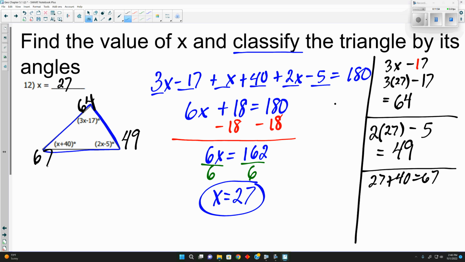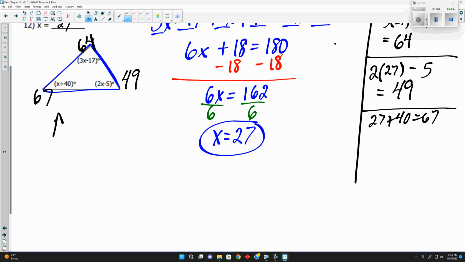So how can we classify this triangle based off its angles? It's an acute triangle. Questions on these here?